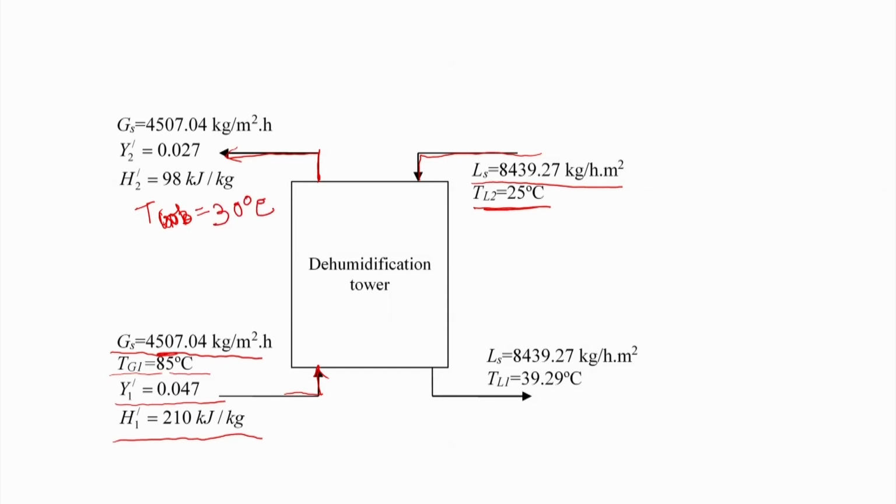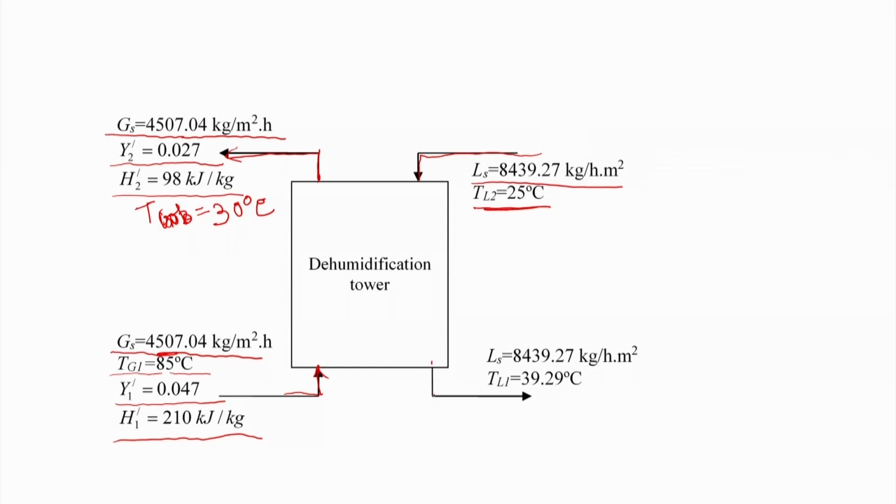The flow rate will remain the same, since this is per kg dry air, at 4507.04 kg per meter square hour, and with the humidity much lower than the inlet air, that is 0.027 kg per kg dry air, and enthalpy value is 98 kilojoule per kg.